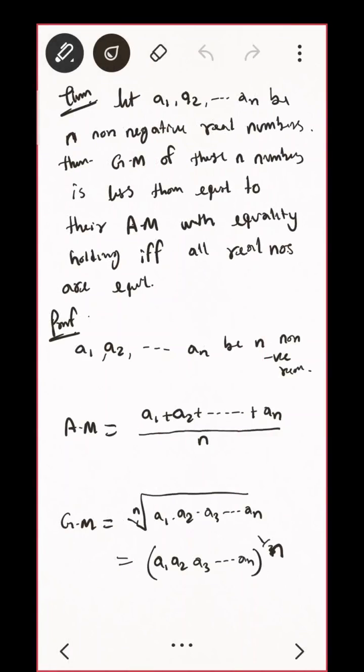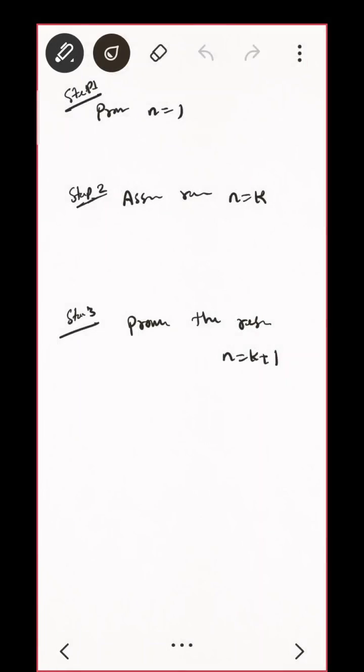What is step 3? Perfect. Prove the result for n equal to k plus 1. So I will give this as an exercise. You can submit it on the classroom. I'll just check it. If you solve it, that's fine. Is that okay? Or if you have some doubt, you may ask your ma'am also, because she is also doing the same thing. So it will be good for you, for her also to explain it in a better way. If you don't get it, then I'm here to help you. Is that okay?